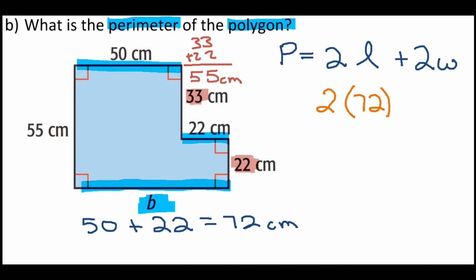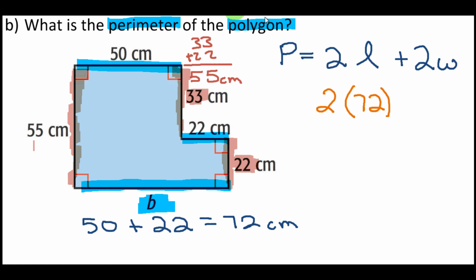That length is 55 centimeters. Well, 55 centimeters is equivalent to its opposite side, which happens to be 55 centimeters here. So basically, I'm just going to double 55 again.